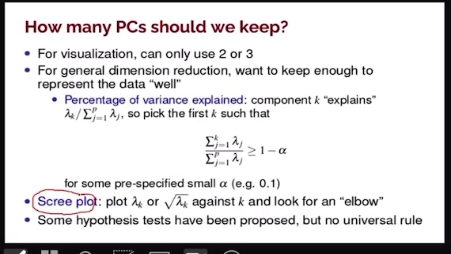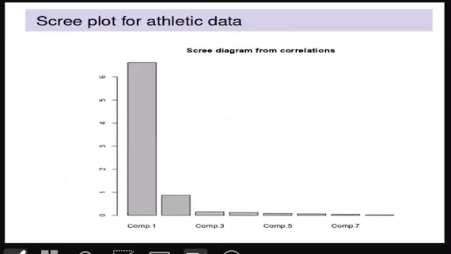So we say cumulatively at least 80% would be fine. Some may say 85%, some could say 90%. But research is ongoing. Let me show you the scree plot. You can see principal component 1 is the biggest; it's always going to be.